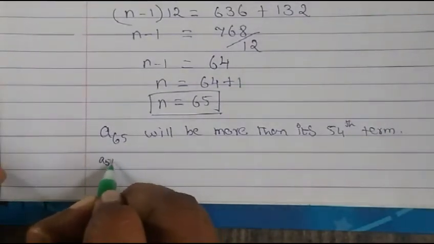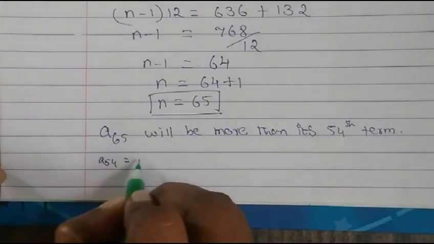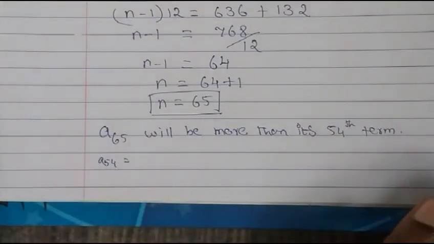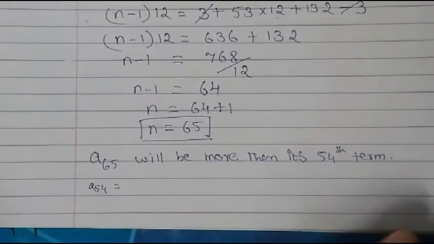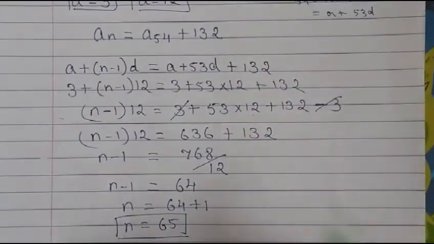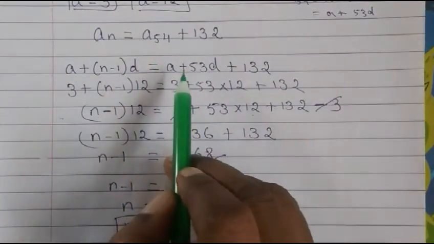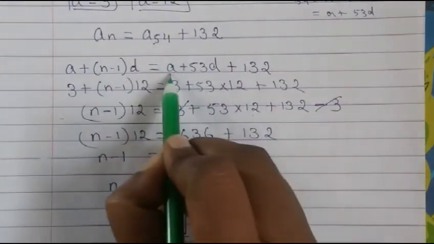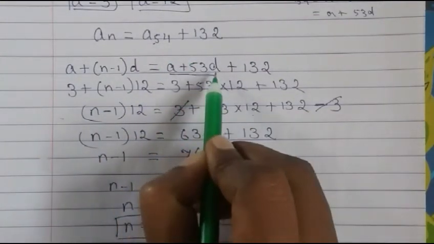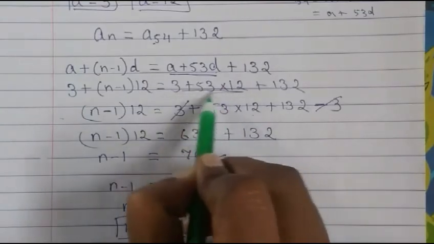See, A54 is what? The A54 equation we have written like this, right? This A54 we wrote like this, right? And this d value we had put, okay?